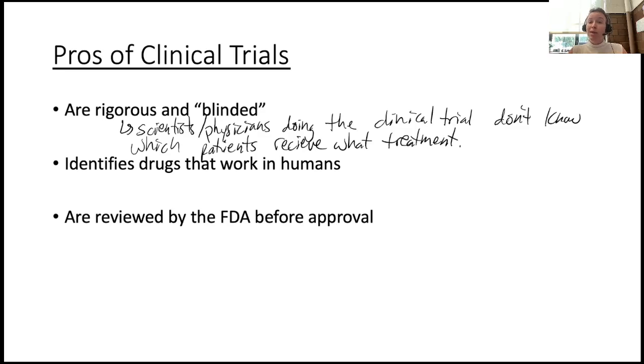We can't just be randomly approving drugs without testing them in humans. Additionally, clinical trials are good because we have kind of outside monitoring through the FDA. It's good to have that peer review to ensure that the data is real.